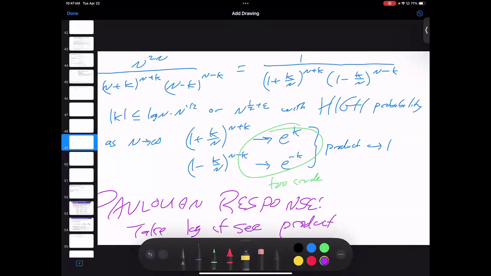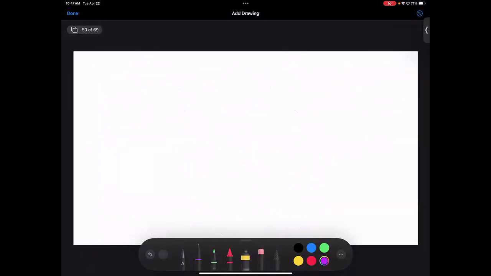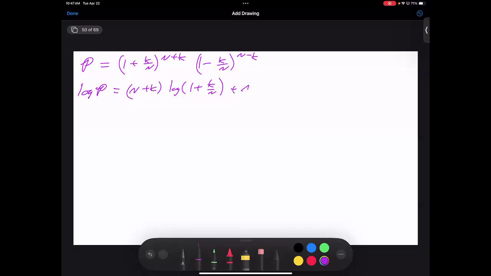Okay. So let's let fancy P equal (1 plus k over n) to the n plus k times (1 minus k over n) to the n minus k. So the log of fancy P is going to be n plus k, the log of 1 plus k over n, plus n minus k, the log of 1 minus k over n.